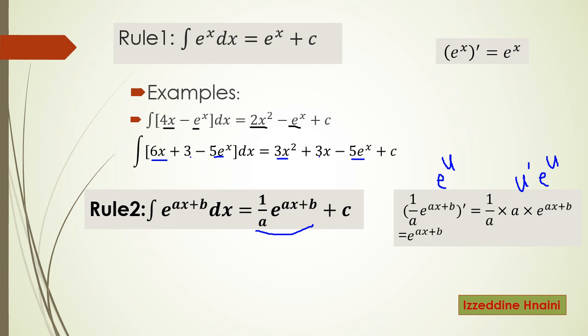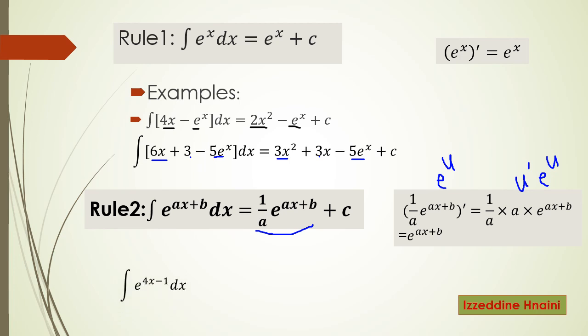So the derivative of e^(ax+b) is a times e^(ax+b). The a and 1 over a cancel, which is equal to e^(ax+b). Then the antiderivative of e^(ax+b) is 1 over a e^(ax+b) plus C.